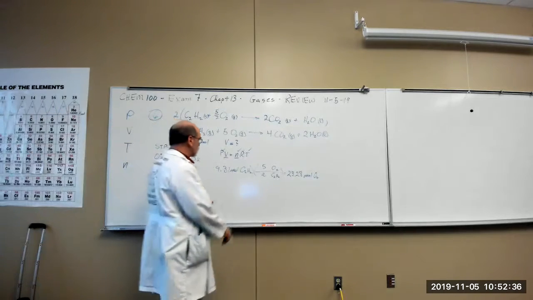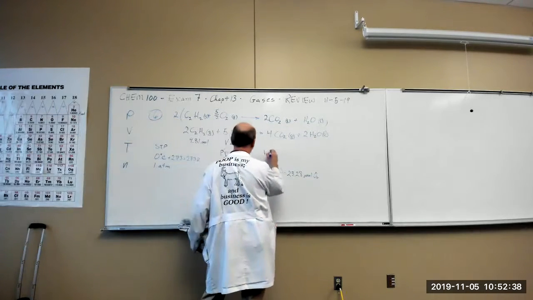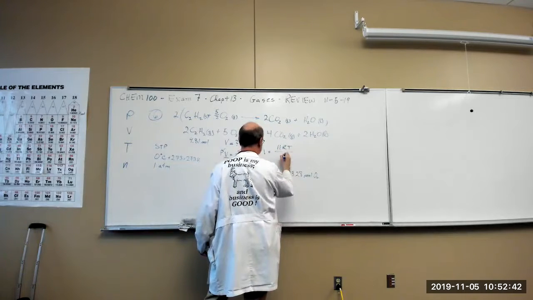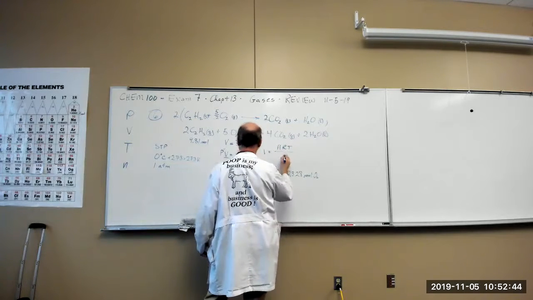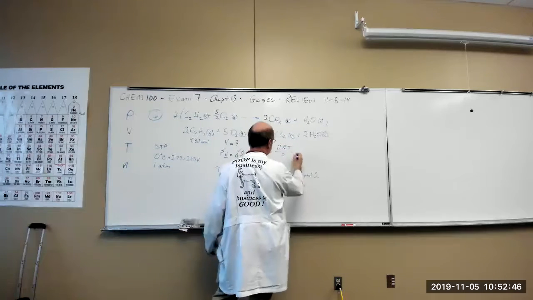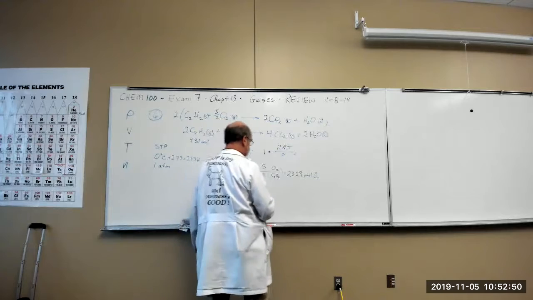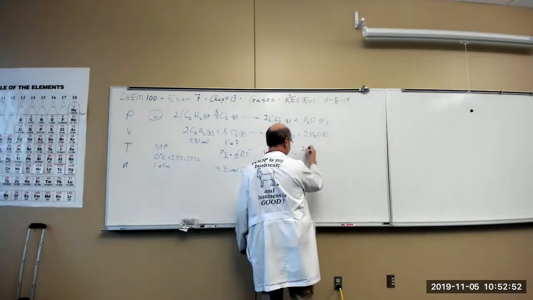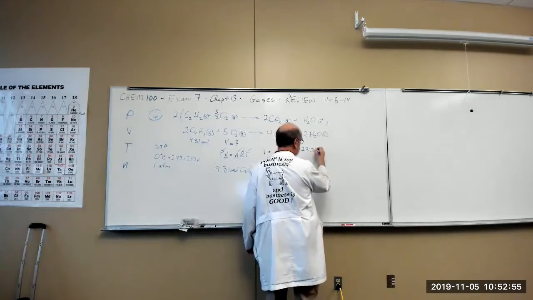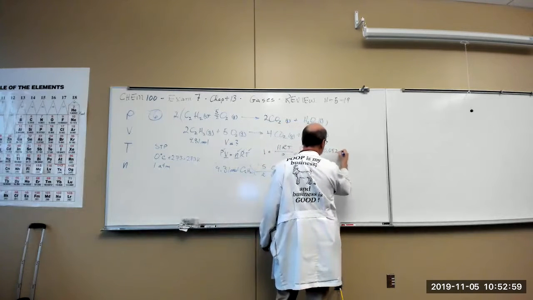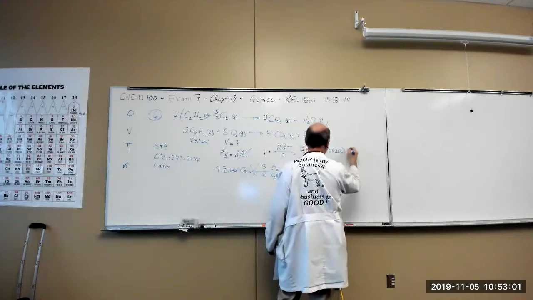Okay, now we have that one, and we can find out what the volume is. All we have to do is solve for volume and fill in the numbers. So how many moles? Well, 23.28. I'm going to leave the units out because it gets messy. We already know that our units are correct.